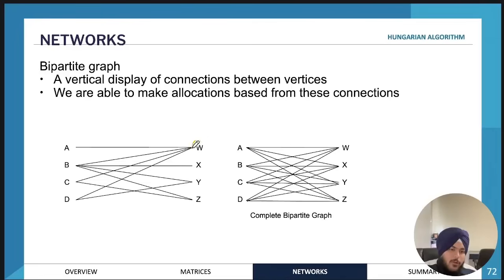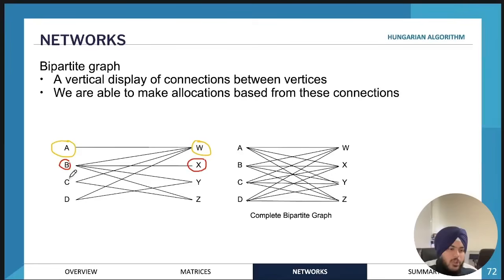So this would be the allocation for A. Then looking at B, B can do all of the tasks, but task X can only be done by person B. So we must allocate person B to task X, because he or she is the only one that can do it. Sometimes it's a matter of whether they can do the task or not. Sometimes it's a matter of who can do it the fastest. We'll have a look at that when we look at the Hungarian algorithm.